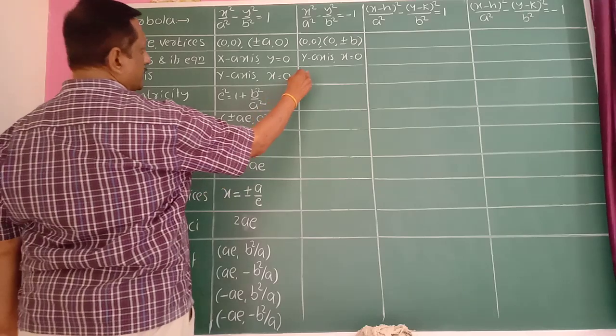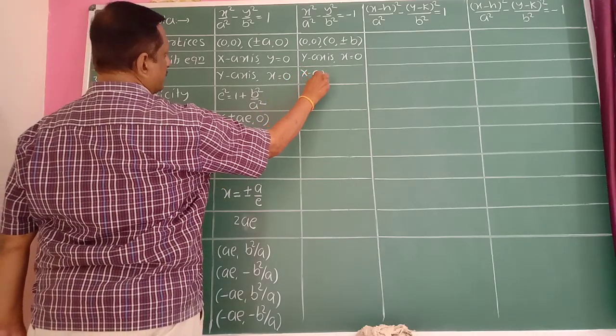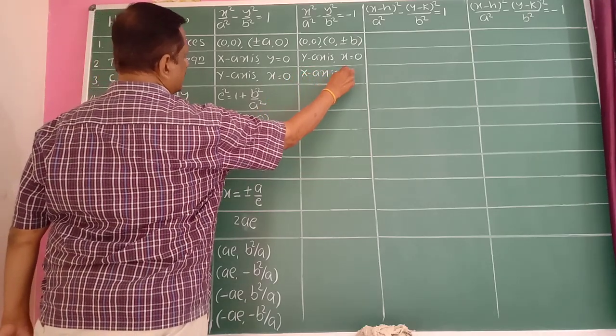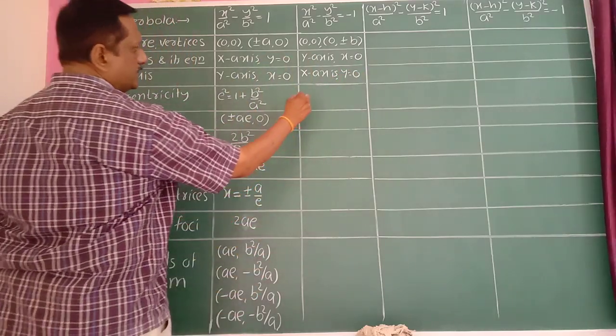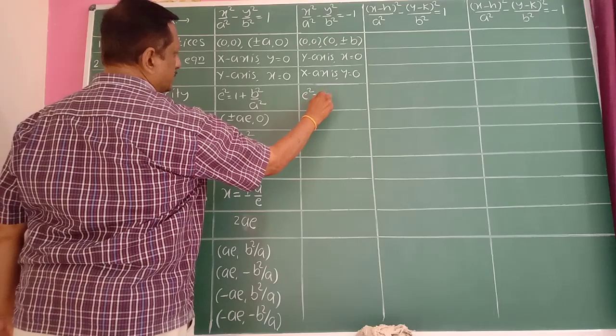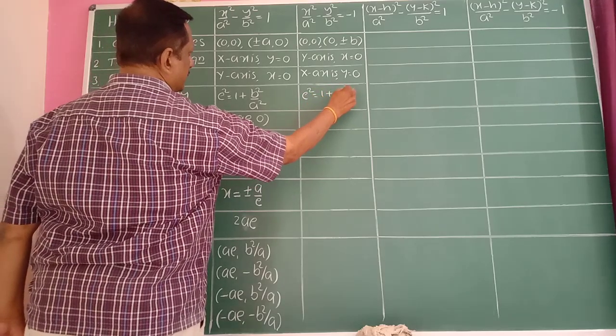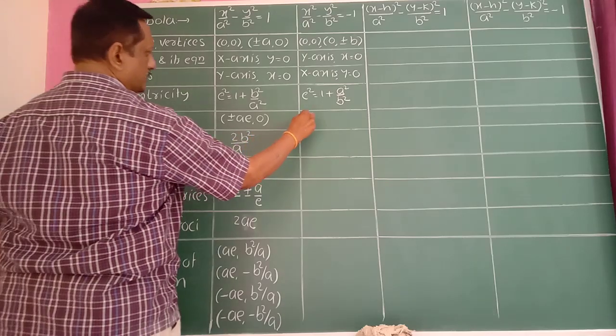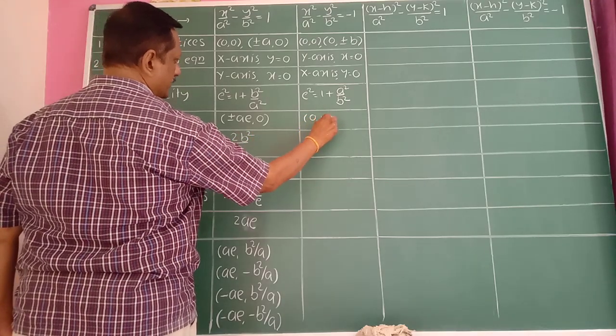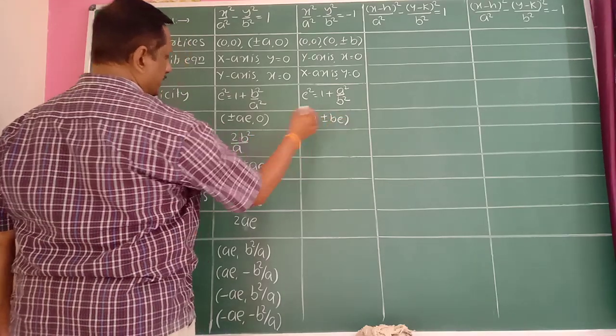So the conjugate axis is the x axis, and its equation is y is equal to 0, and eccentricity is e squared is equal to 1 plus a squared divided by b squared, and the foci are 0 comma plus or minus be.